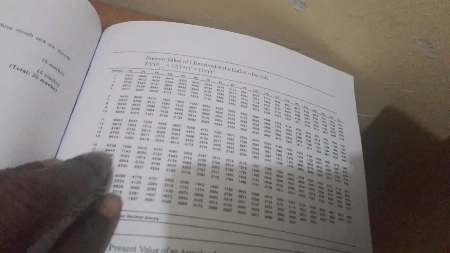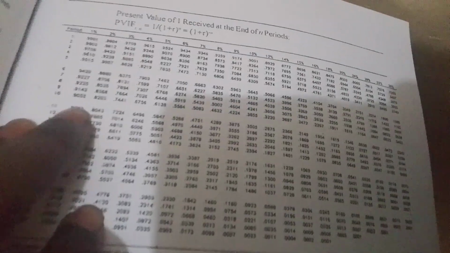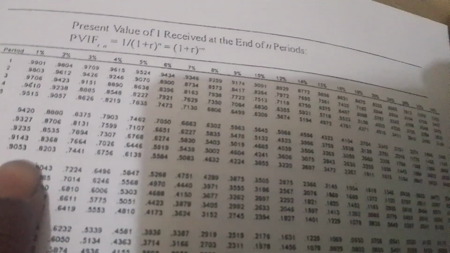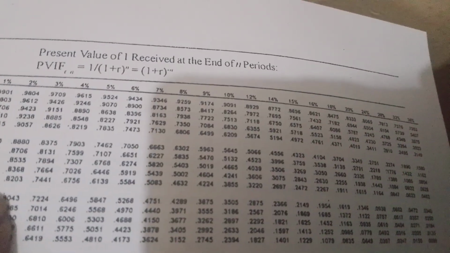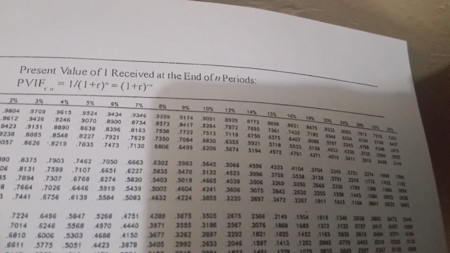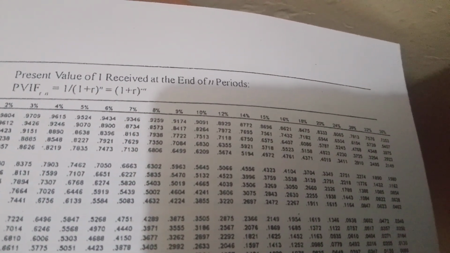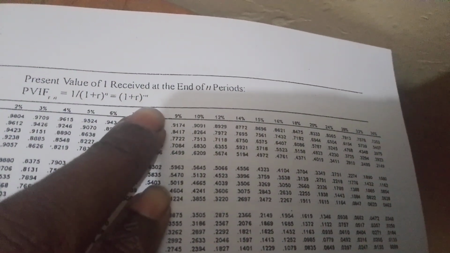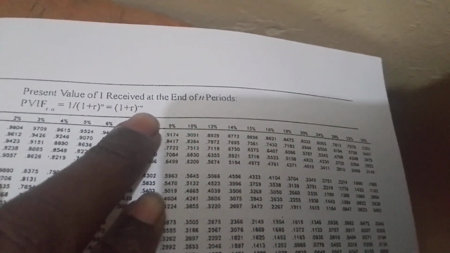Now you can see present value of 1 received at the end of n periods. You can see here it is written 1 plus r raised to negative n.